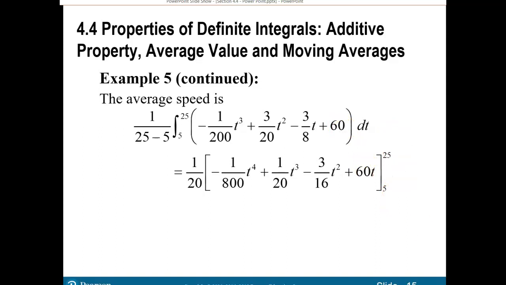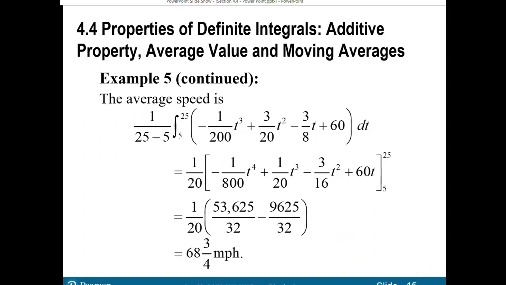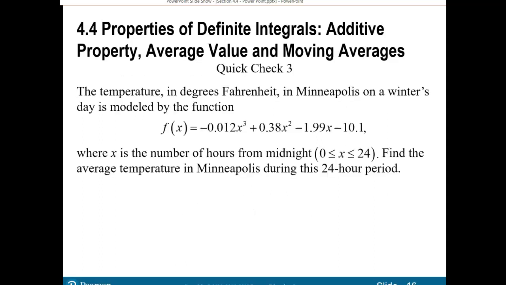Evaluate between the endpoints. So plug in 25. They've just gone ahead and simplified it. They plug in 25. They're getting this number. Minus, when they plug 5 in, they get this number. It's probably easier to do that part on your calculator rather than having to write all those steps out. And then clean it up. 68 3/4 miles per hour. So average value.